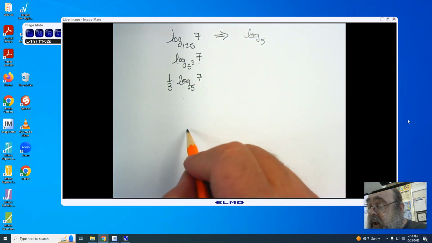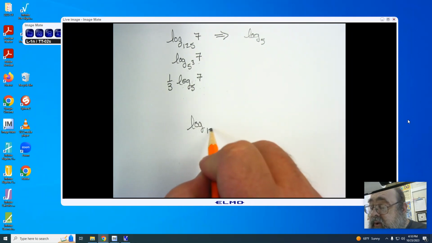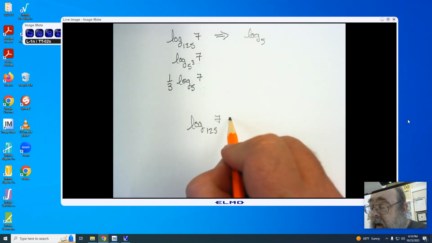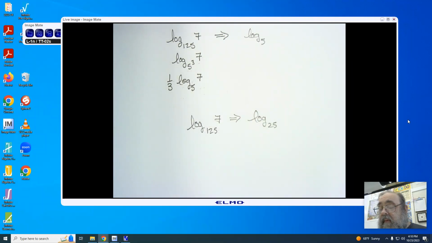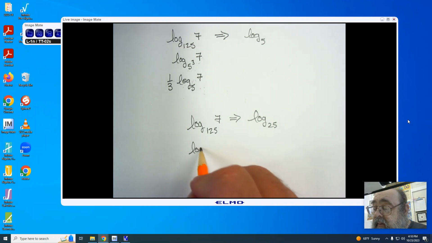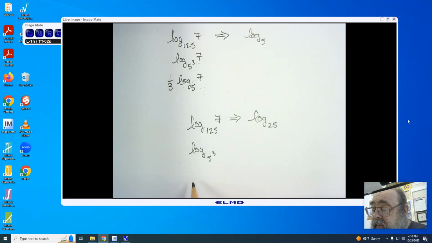For example, let's say I have log base 125 and I want to change it into log base 25. Well, let's see. I'm currently looking at log base 5 to the third power of 7.